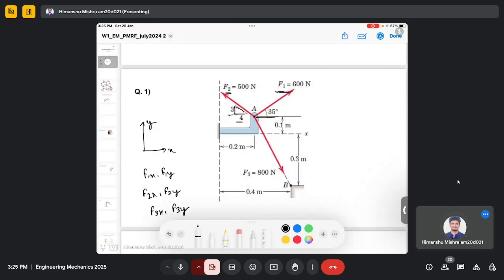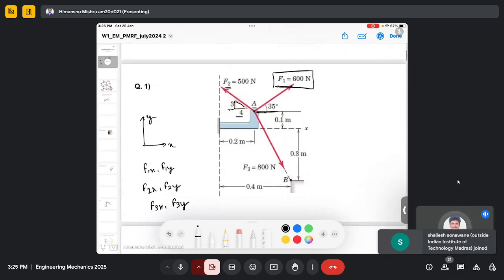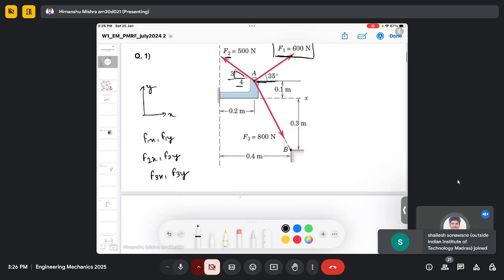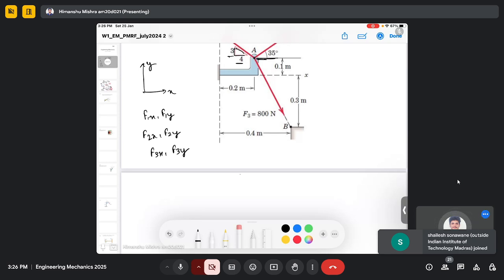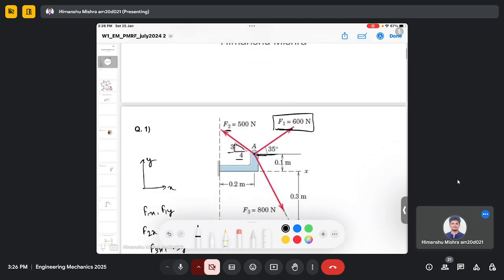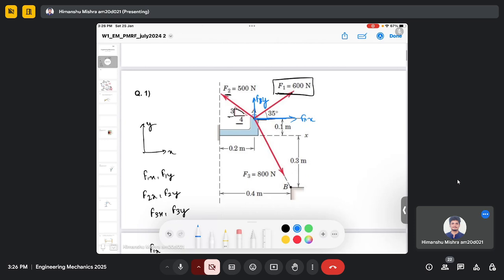For F1, we have just discussed how to calculate the components. We are given the angle 35 degrees from the horizontal. So, to draw it in the Cartesian coordinate system, this will be my F1x and this will be my F1y, and I need to calculate these forces.